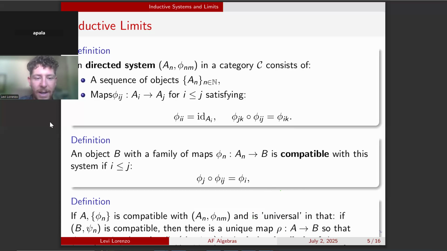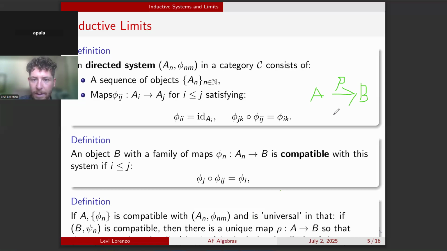So we basically need a diagram as follows. We need A to B, and we'll call this map rho.